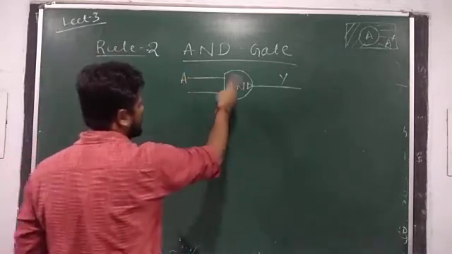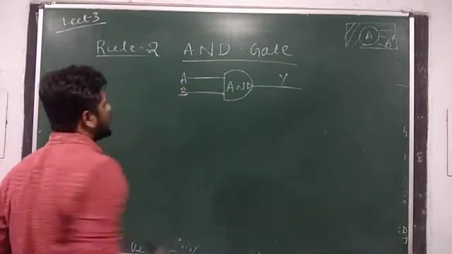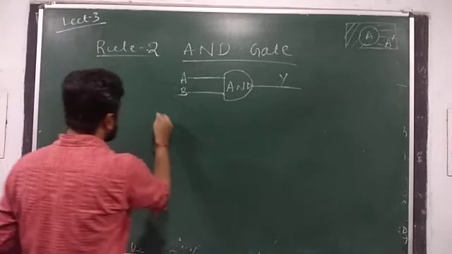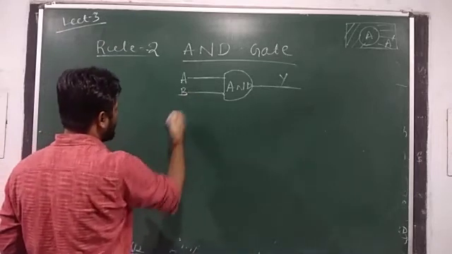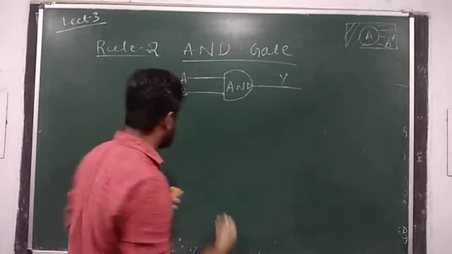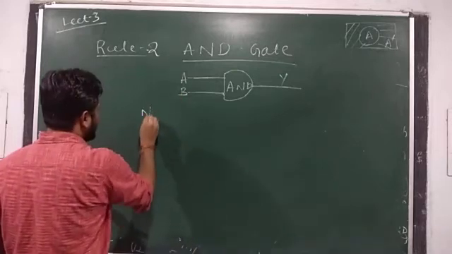So for this gate, I am considering 2 inputs, that is A and B. I have already told you how many combinations are possible. Please note it down.